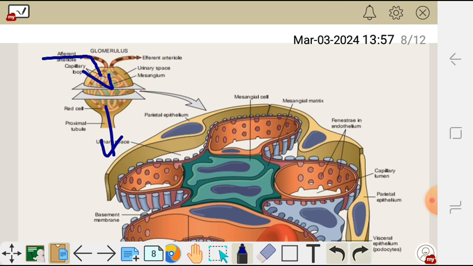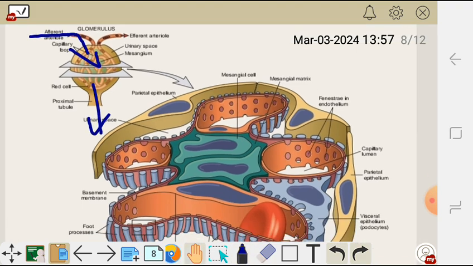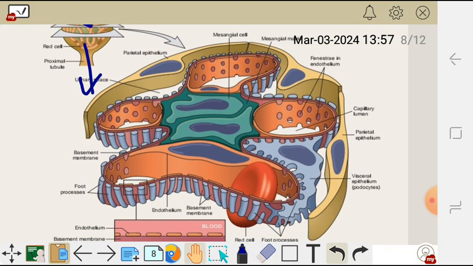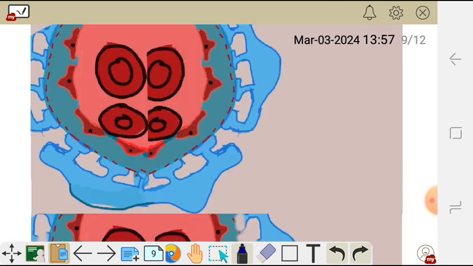The structure of the glomerulus is what is illustrated here. The layers which filter the blood have these structures. On this structure we have the glomerular basement membrane in blue, and we also have the endothelial cells which surround the blood vessel.